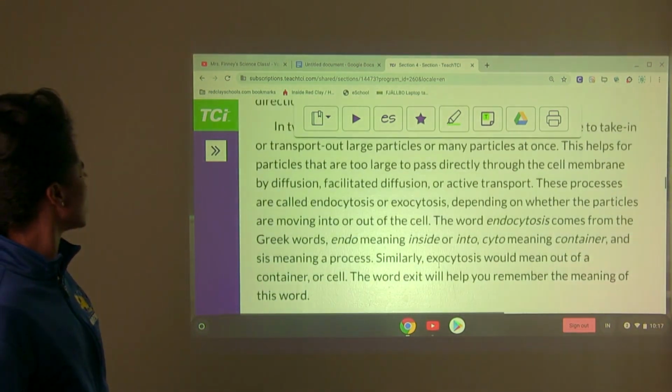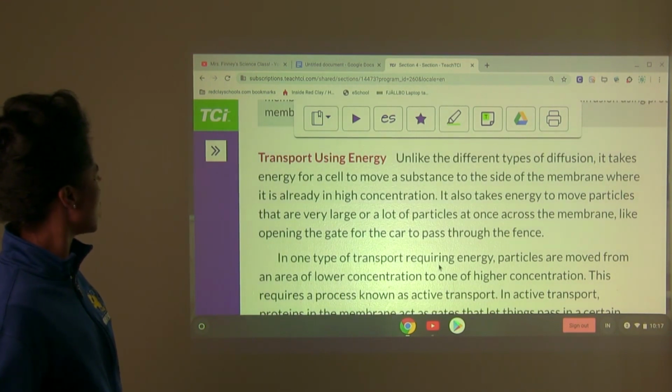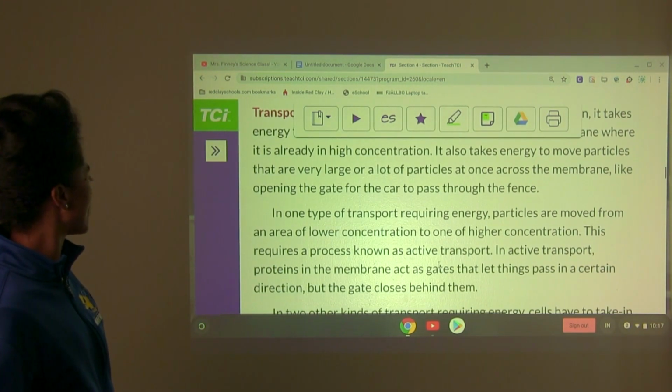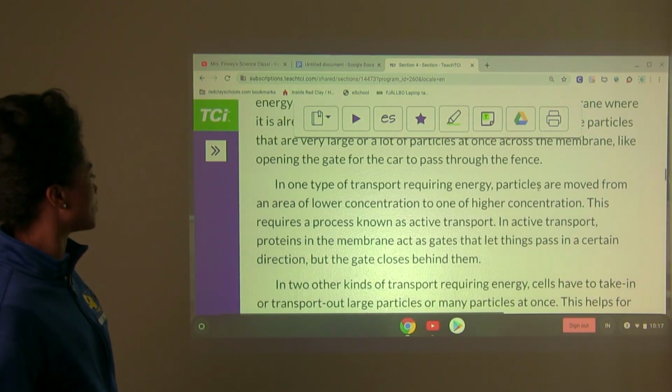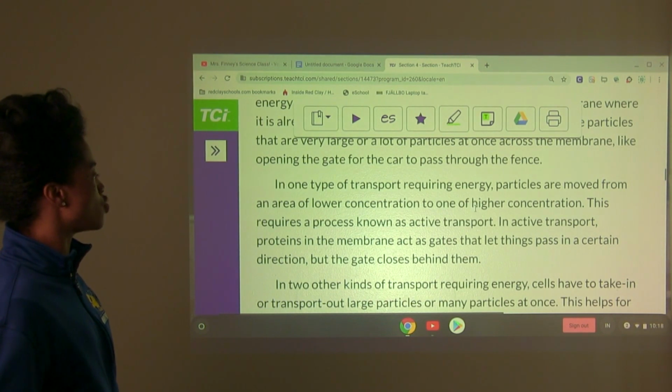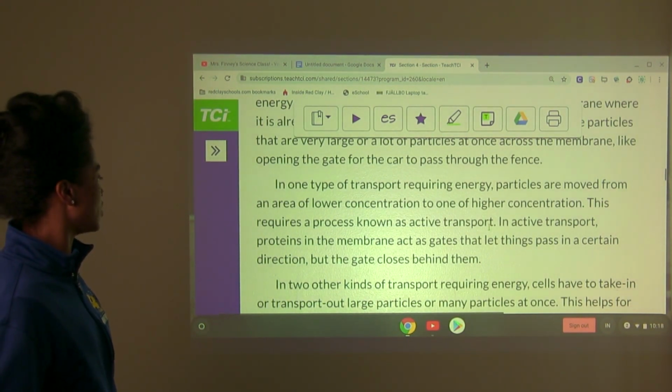Go to the reading first. Make sure we're clear on these three different types that require energy. Okay, so one type we talked about, particles are moved from an area of lower concentration to one of higher concentration. Okay, and this is through active transport.